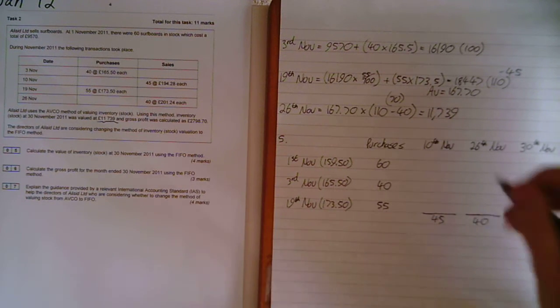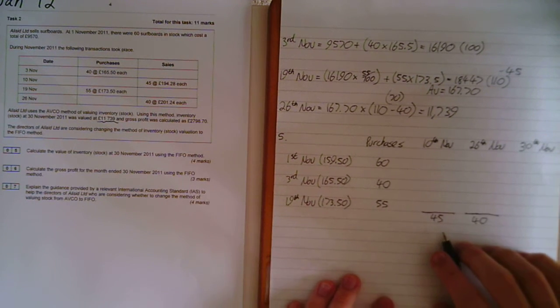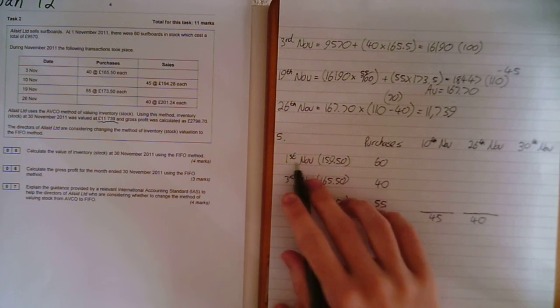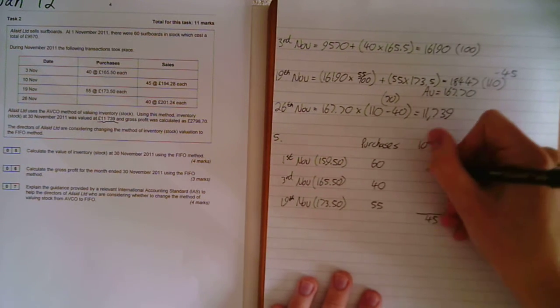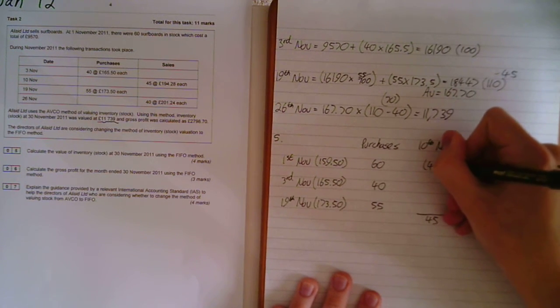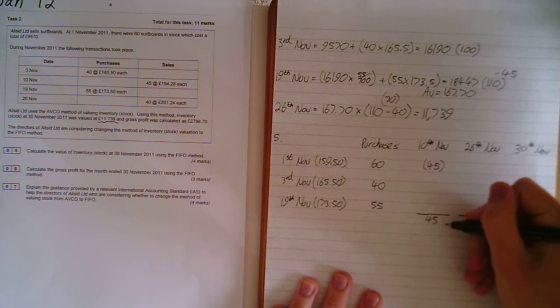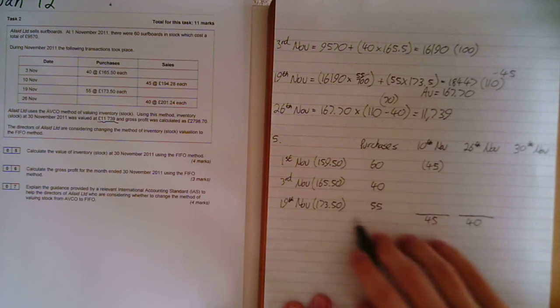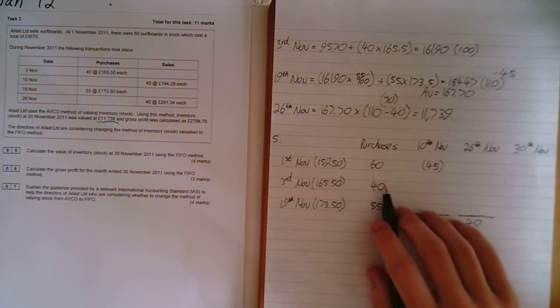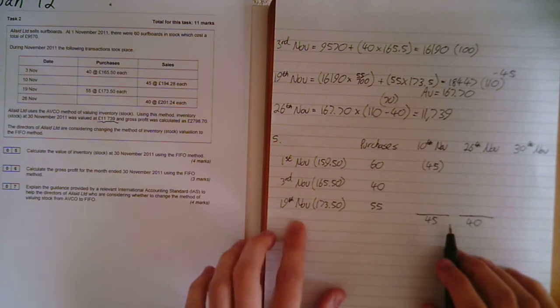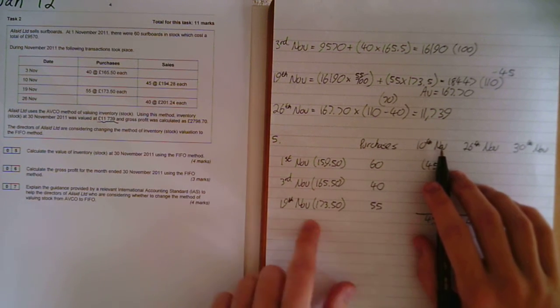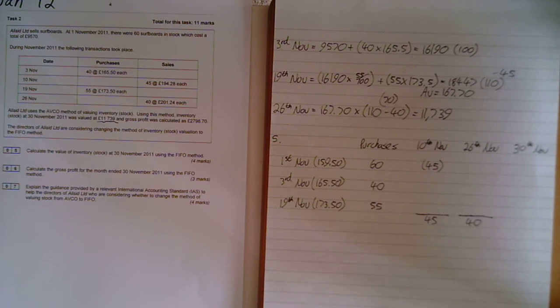So on the 10th we sold 45 and it's first in, first out. So the first batch of inventory is this. I'm just going to take away 45. So you see this 45 equals that 45. So we've untouched the third. We can't have touched the 19th yet because we're selling it before we've even bought that in. Now 40.